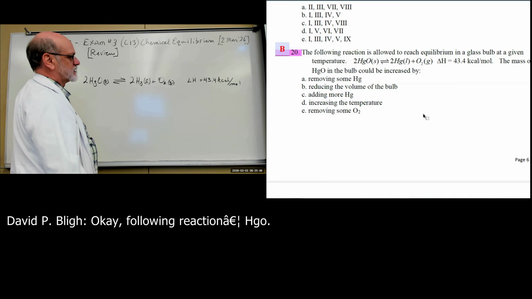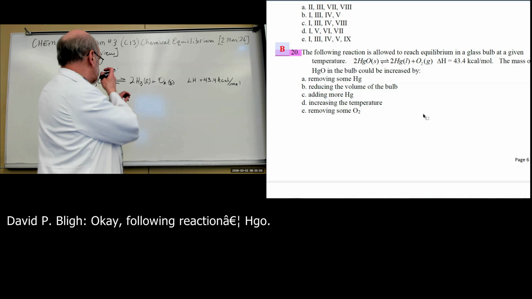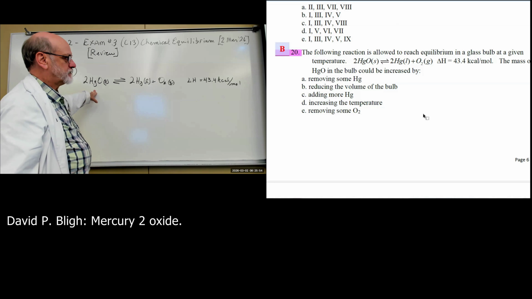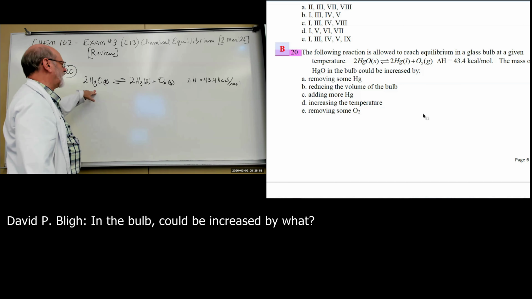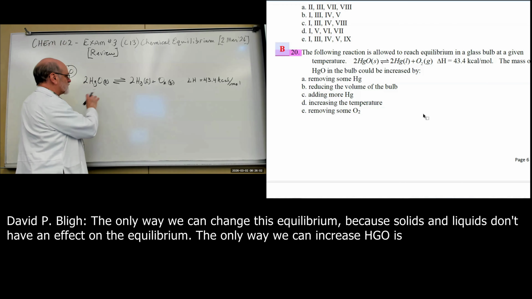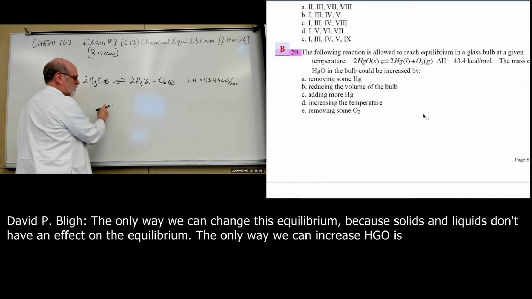Okay, following reaction. HgO, mercury 2 oxide in the bulb could be increased by what? Well, let's see. The only way we can change this equilibrium, because solids and liquids don't have an effect on the equilibrium.